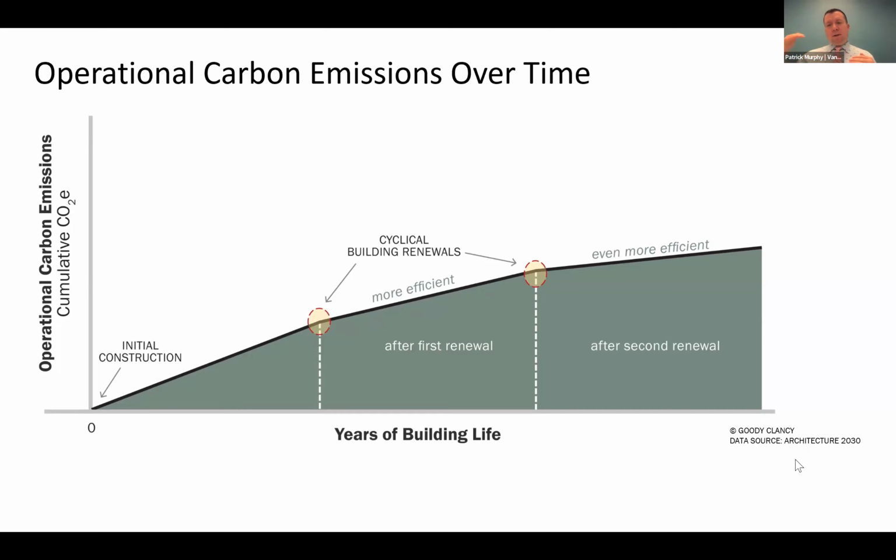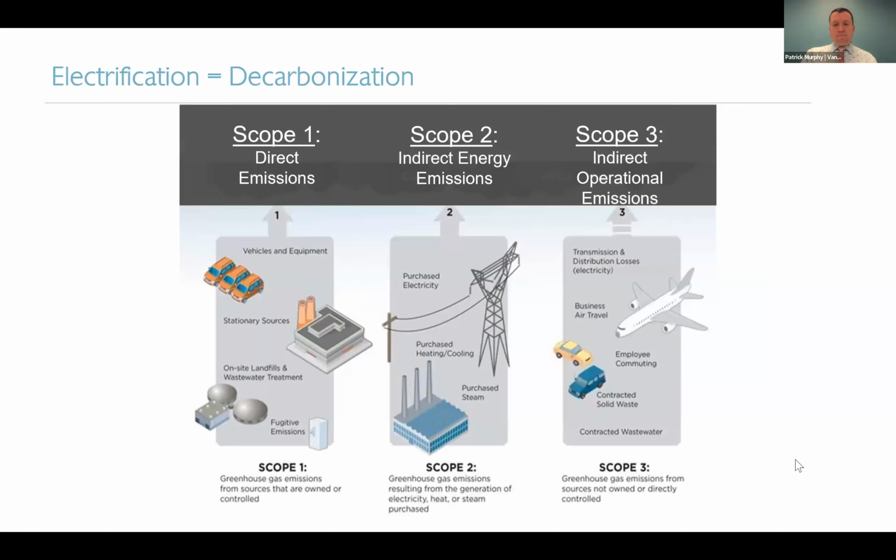So you start to bend the curve of the cumulative emissions. So you're adding less emissions after each of these renewals. But when you think about it in the context of this being a cumulative amount of CO2 that we're putting into the atmosphere, it makes it clear that everything that we do now has a long-term impact.